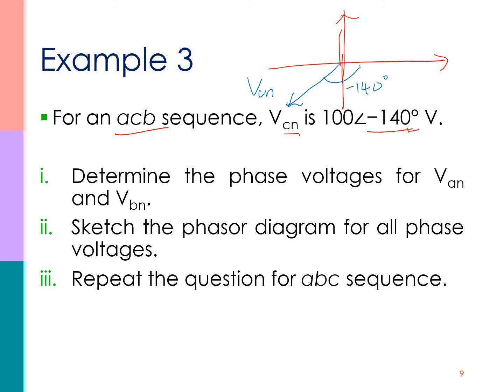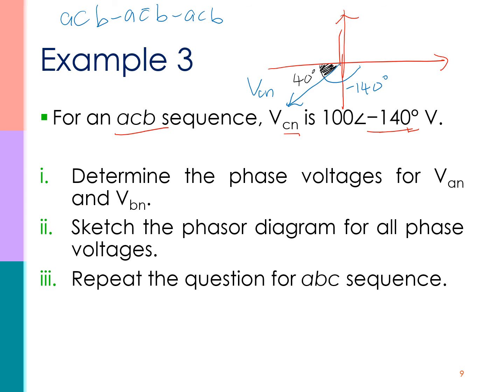Okay, so you know that in the ACB sequence, the rotation is A, C, B, A, C, B, A, C, B. First we find VCN, then it turns to VBN. So for VBN, you know that the balance is another 40 degree.